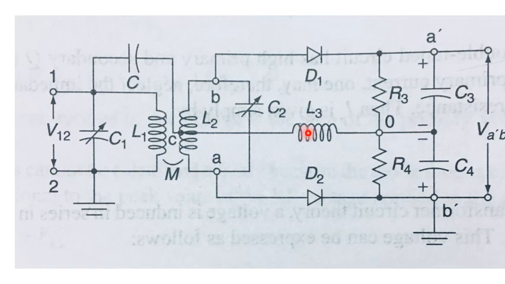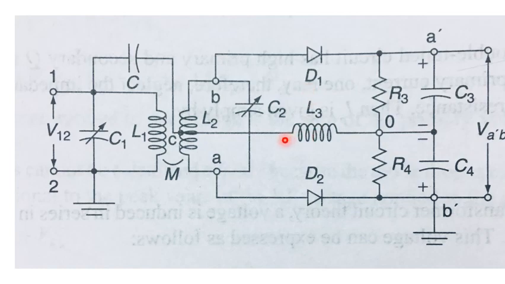The phase difference between V12 and half VAB is 90°, and the resultant of these two, let us say it is VAO, is shown in figure B of slide number 4. The net voltage applied across diode D1 is VAO.